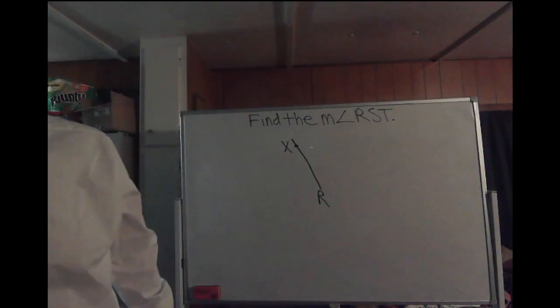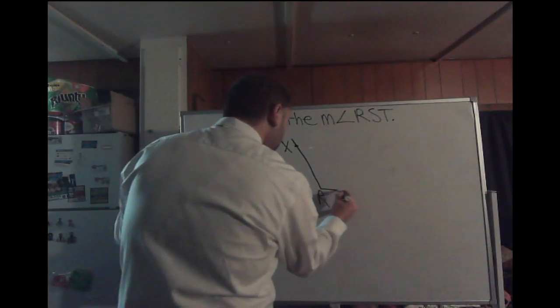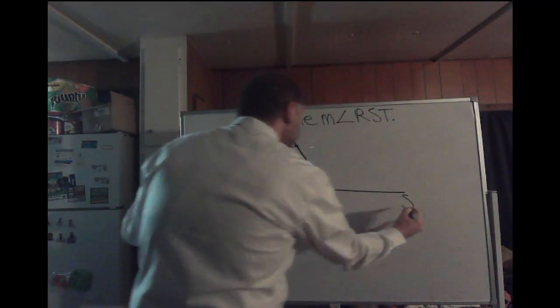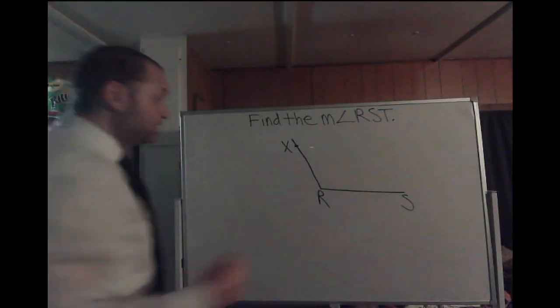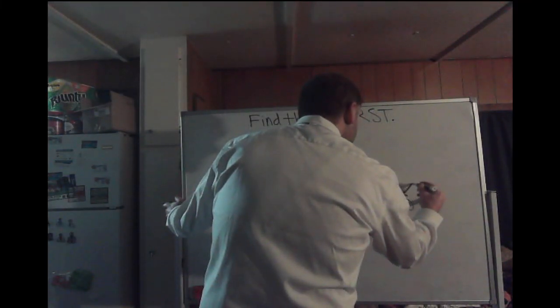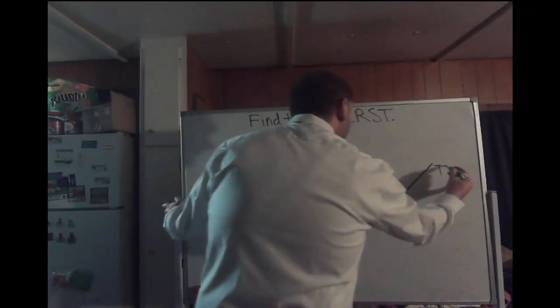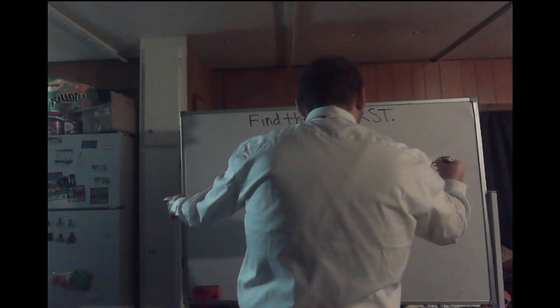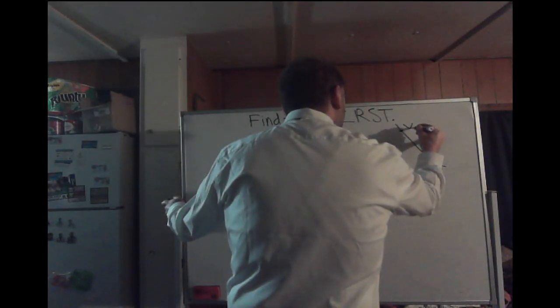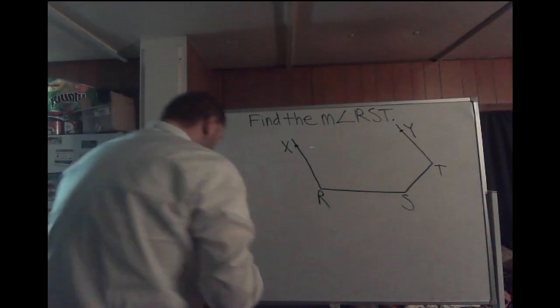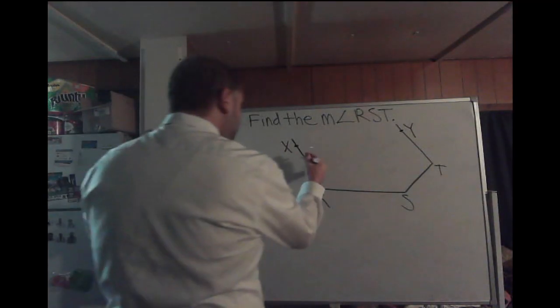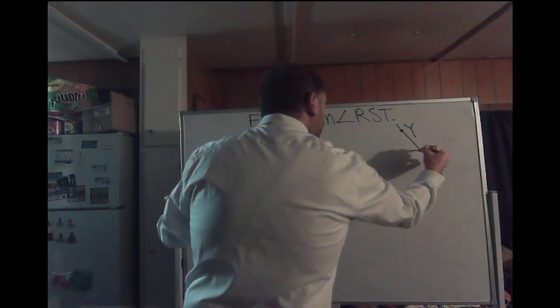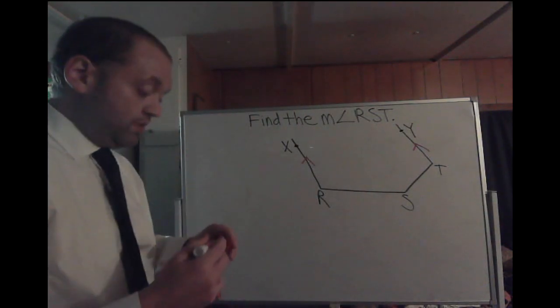XR, S, T, and then Y. They give us that lines XR and YT are parallel to each other.